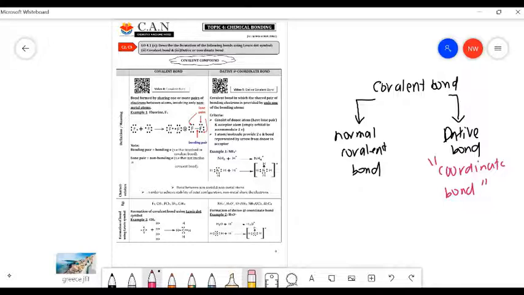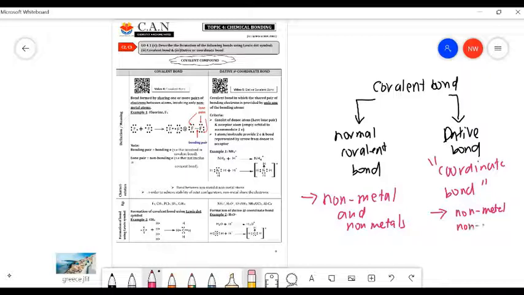So kita tahu covalent bond melibatkan sharing of electrons between non-metal and non-metal. The same goes to dative bond. The sharing of electron happen between non-metal and also non-metal. As you can see here, the definition for covalent bond.